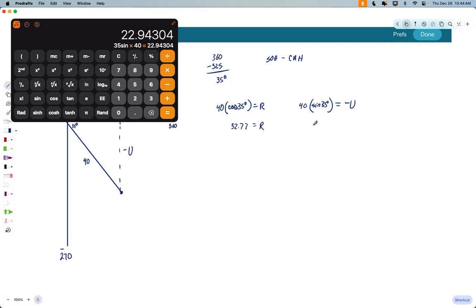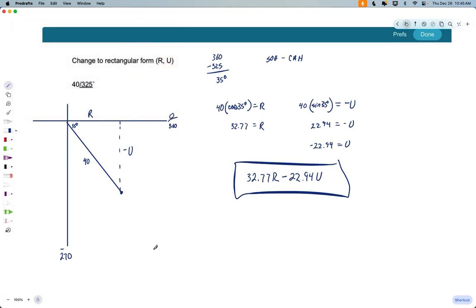And that is 22.94 is negative U. We get rid of the negative sign on the U. Negative 22.94 is a positive U. So that's how we write it. We write it RU XY, because this is the value of the X and this is the value of the Y. 32.77 R, excuse me, minus 22.94 U. That's your solution.